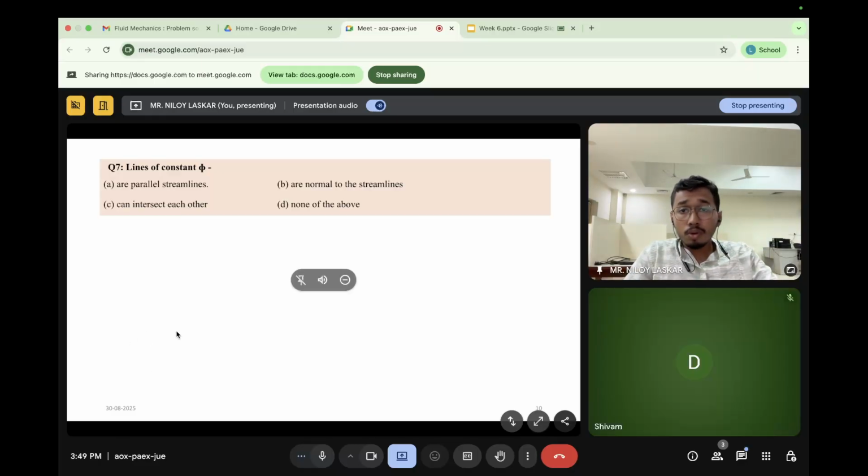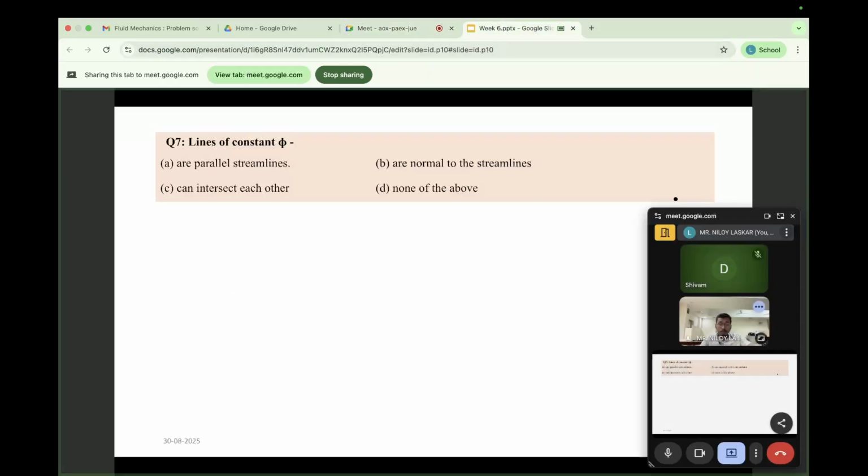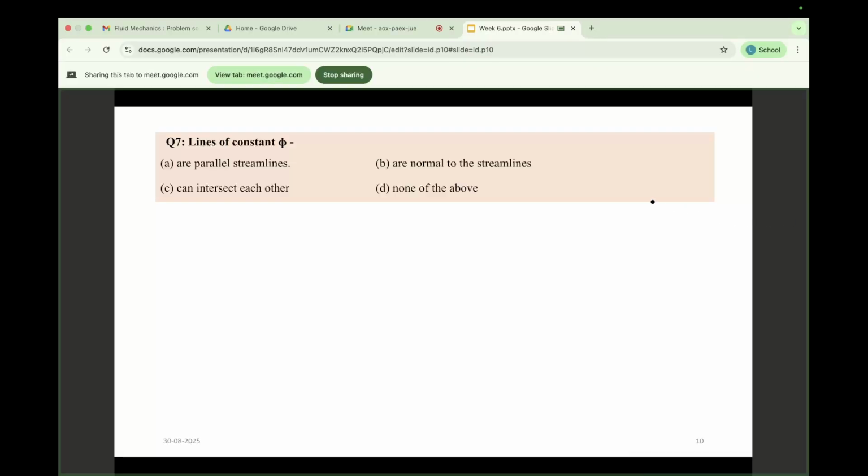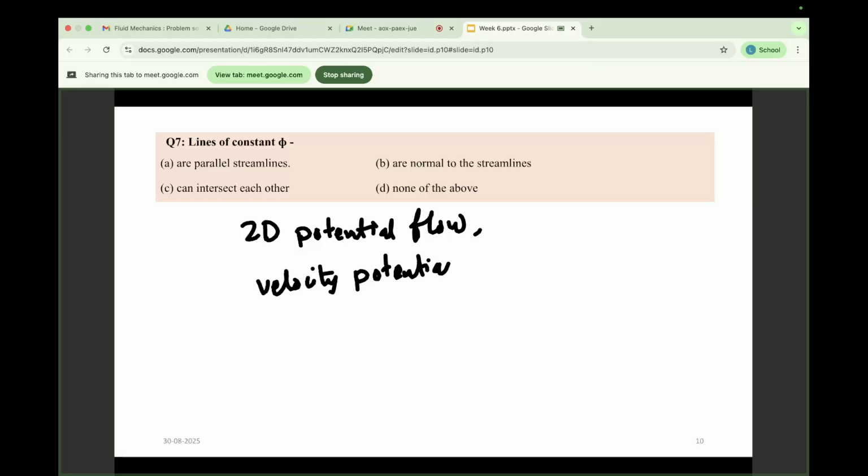So basically, say I am talking about a 2D potential flow. You know about this velocity potential, which I represent as phi.